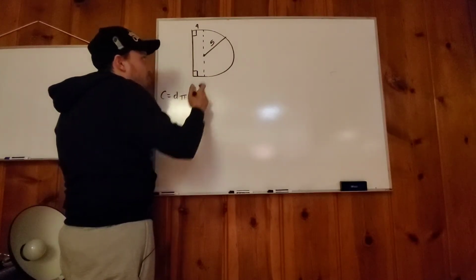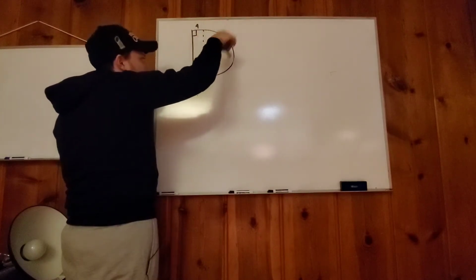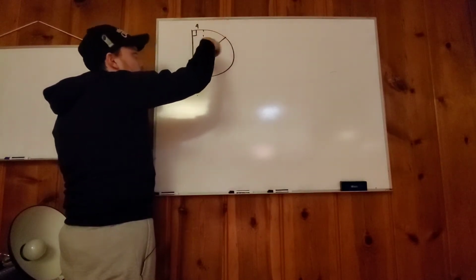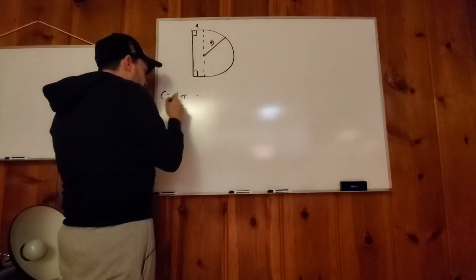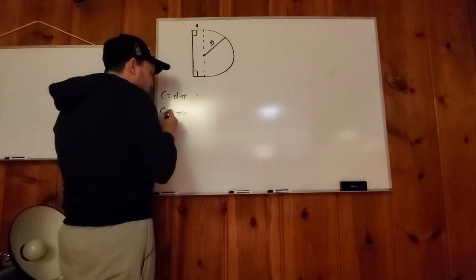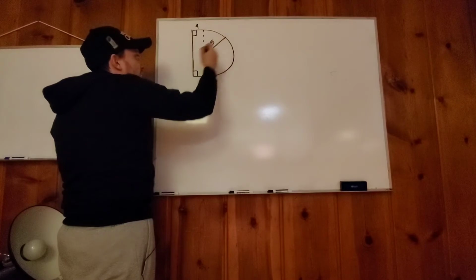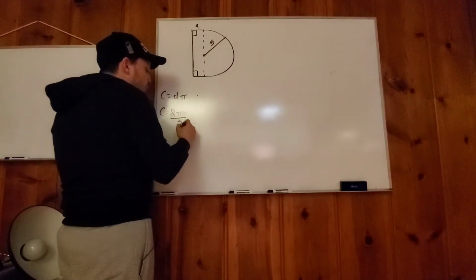Although for this purpose, this is called a semicircle because it's half of it. What we're going to do is find the circumference of a full circle, which is 2 pi radius. But if it's half of a circle, then we divide by 2, and the 2's cancel out.